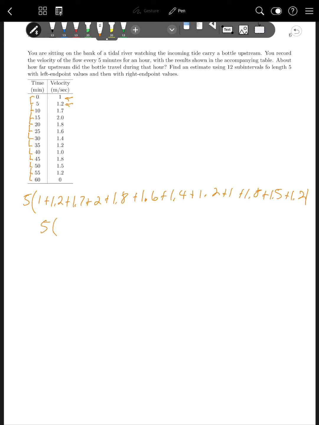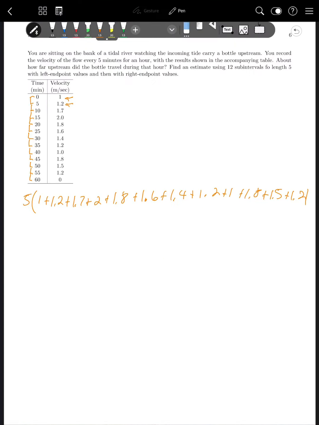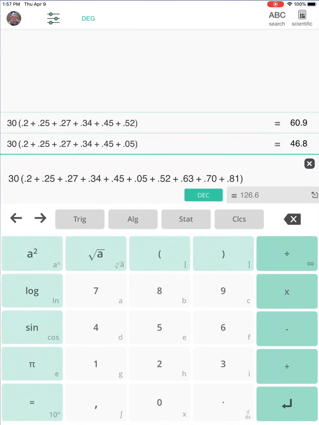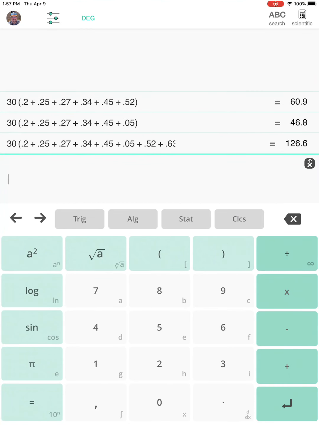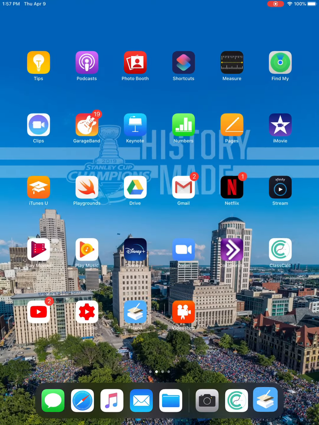So that should be 5 times, shoot, I lost it. Trying to do that in my head. So let's go ahead and just use the calculator.